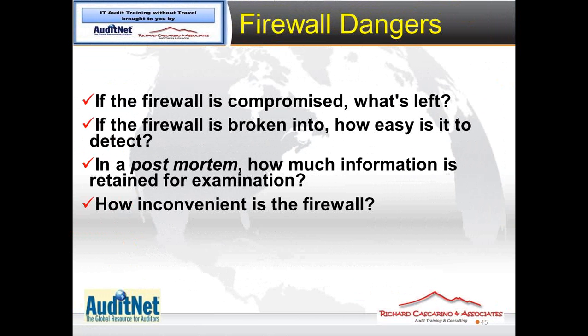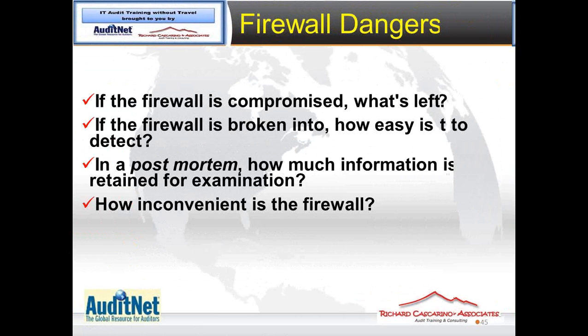And if something does go wrong, someone's come in through the internet, in a post-mortem, how much information does the firewall keep for forensic examination later on? And one of the huge problems with firewalls, how inconvenient is it? Because if people find it inconvenient, they're going to switch it off.